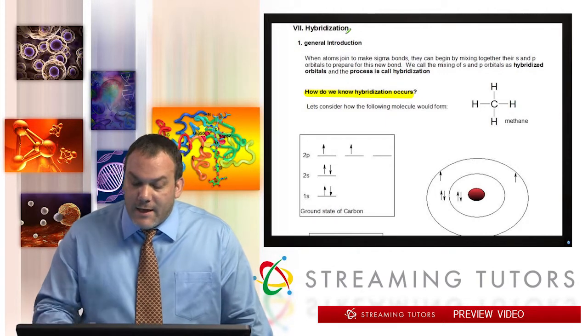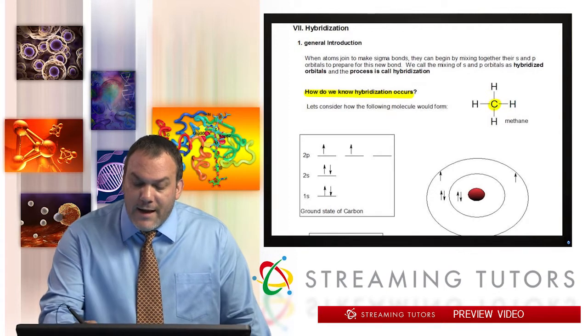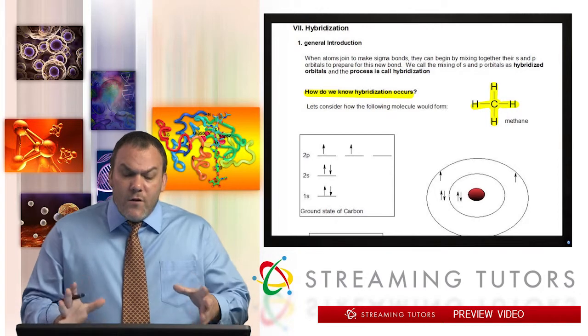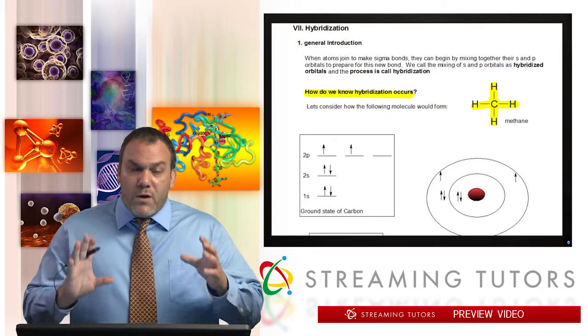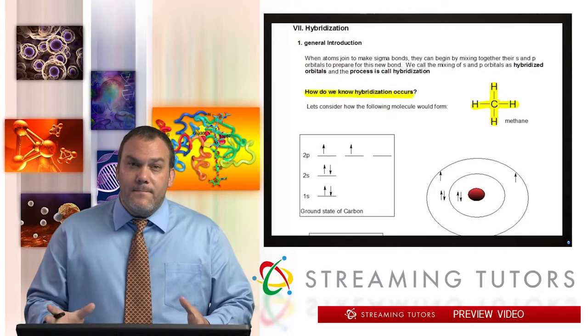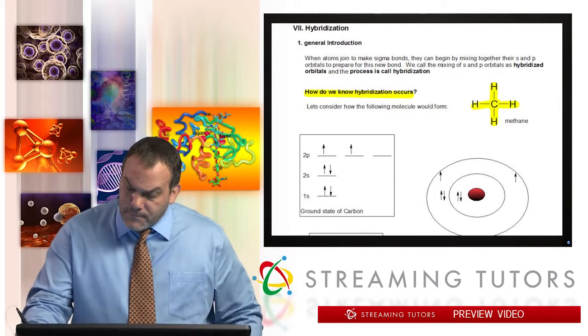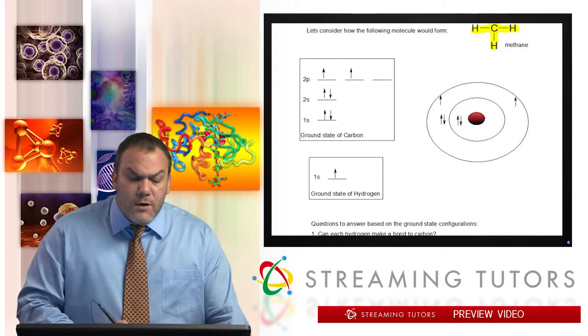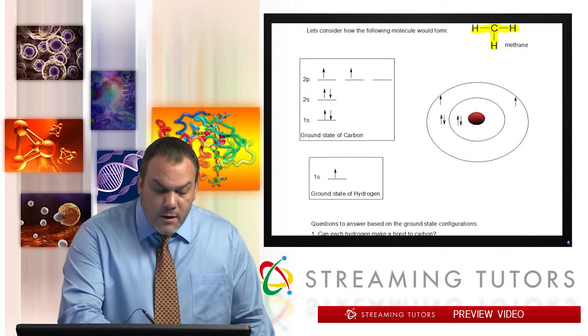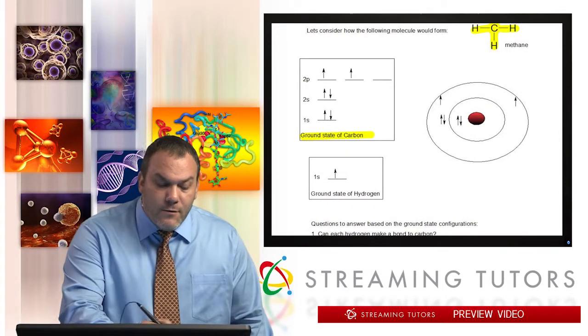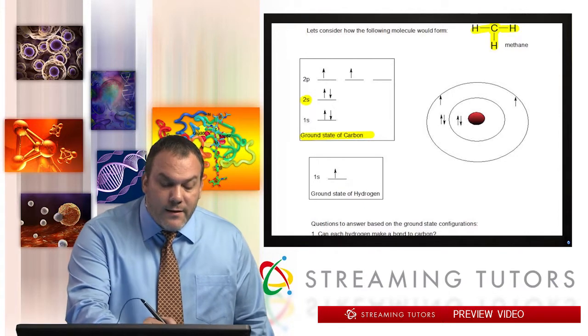If we look at, let's say, methane, a carbon that has 4 H's around it, the first thing we have to consider is, with carbon in its ground state and hydrogen in its ground state, can they actually make a bond? Well, when we look at the ground state of carbon, here's my little diagram on the left, and what we really care about are the valence electrons, right?